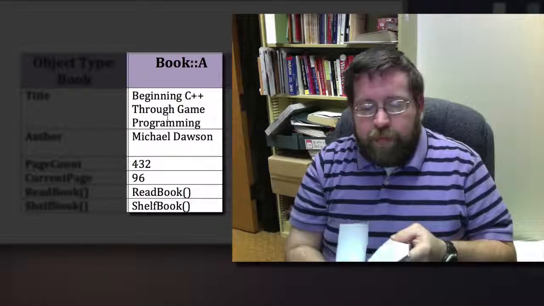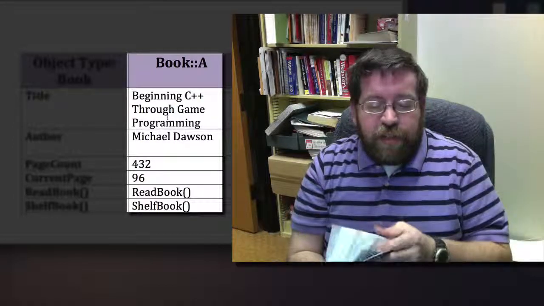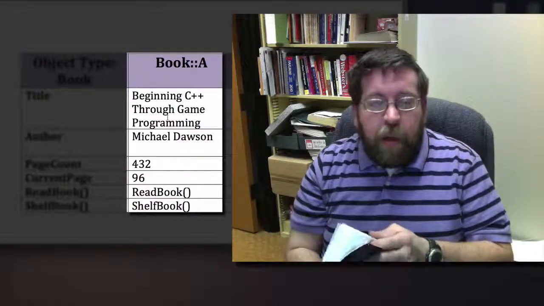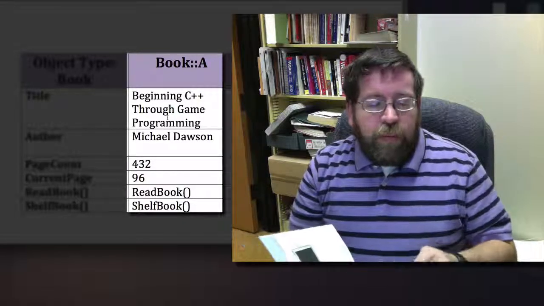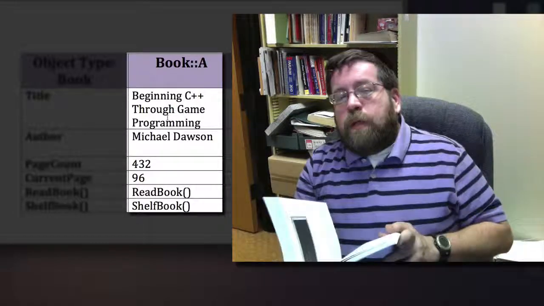Page count, I got this from Amazon.com because I didn't feel like adding in the table of contents pages and the acknowledgments and doing the math myself, but Amazon.com says it's 432 pages. What page am I currently on? I'm on page 96. That's the last page that I was working from as we were going through the objects and the string object. Okay, functions. Let's say I call the function read book, so I go ahead and open the book and I start reading it.